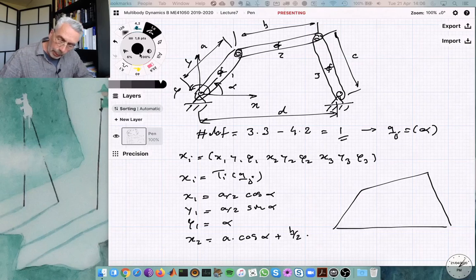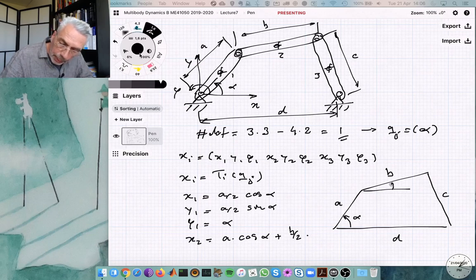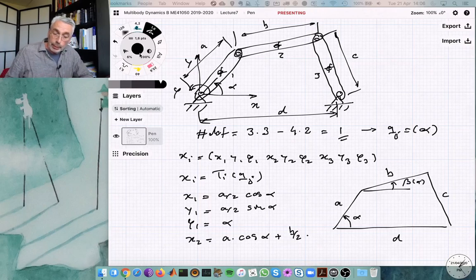And then we have given, of course, that here we have the angle alpha, and we have all these distances, A, B, C, and D. And now we want to know what this angle beta is in terms of the angle alpha, because we only have 1 degree of freedom.